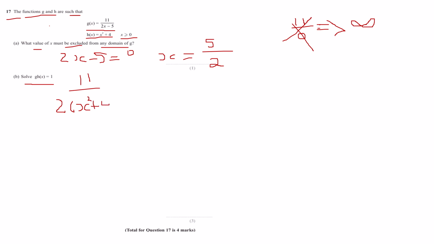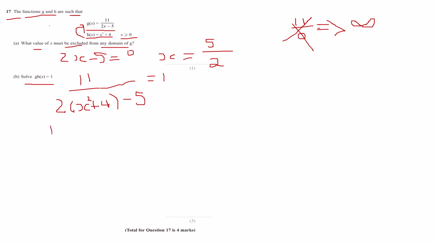Close the brackets and then subtract 5. Okay. Now this fraction equation is going to be equal to 1. Okay. So remember, I've taken h of x and I've put it into g of x. So wherever I've got an x in g of x, I've replaced that with x squared plus 4. Okay. So this is here called composite functions.